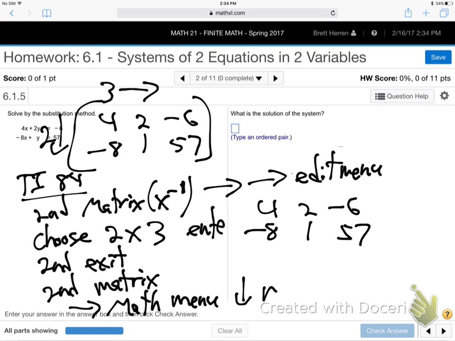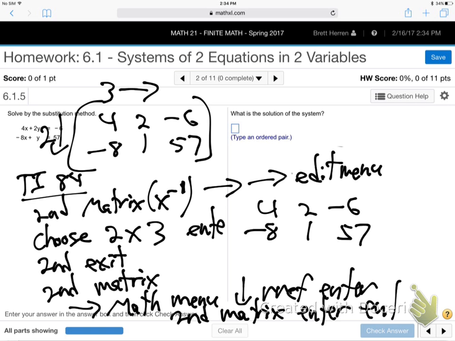And go down to the RREF, hit enter, and then, what was it? Then it was second matrix, and enter, and enter. I think those were the button presses that work.